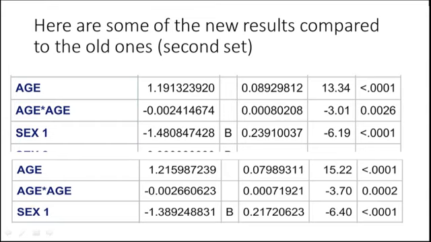Well, here's what we get in the old analysis and the new analysis, respectively, and these numbers are essentially the same, right? This is 1.19 with a standard error of 0.09, right?